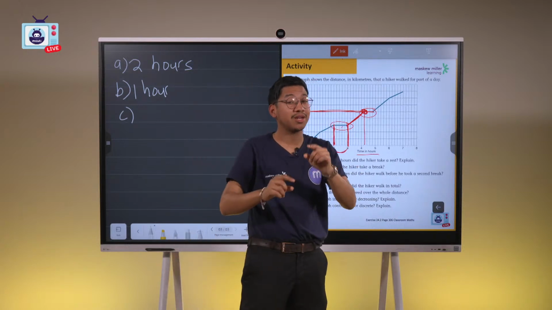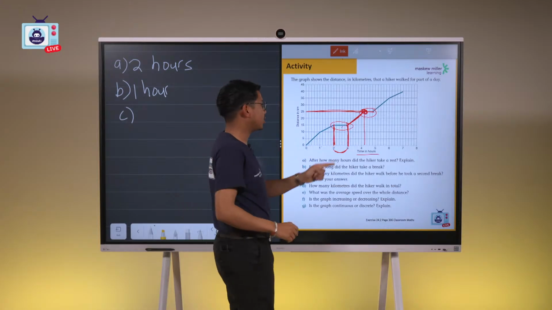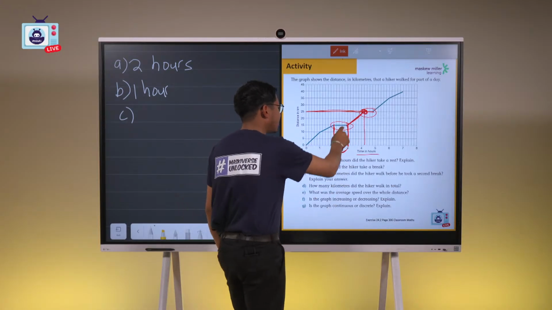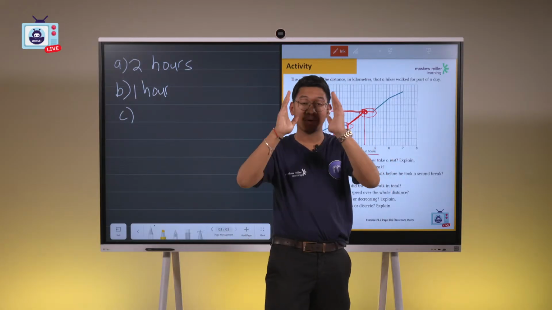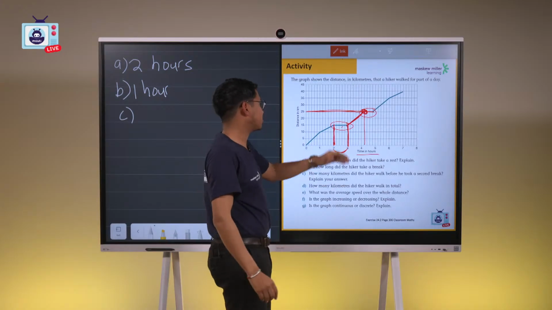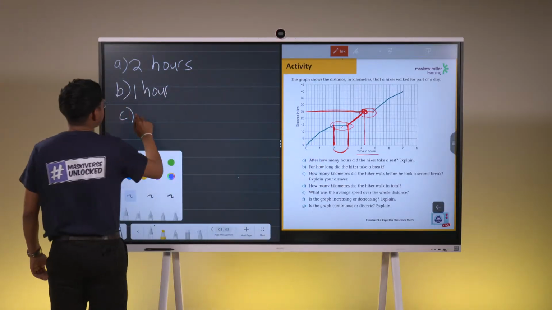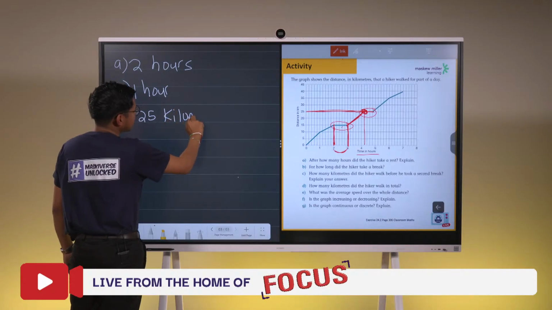Okay, they're not asking how many kilometers he walked between the first and the second break. That would have just been 25 minus 15, right? He would have walked 10 kilometers before he took the second break. But they're asking, how far did he walk in total before the second break? It was 25 kilometers, all right? So my answer here is 25 kilometers.